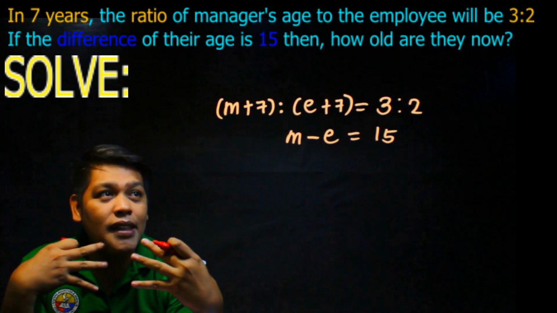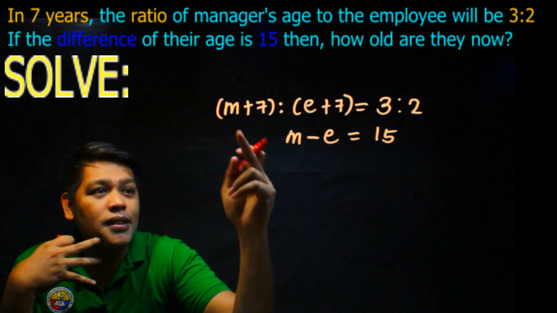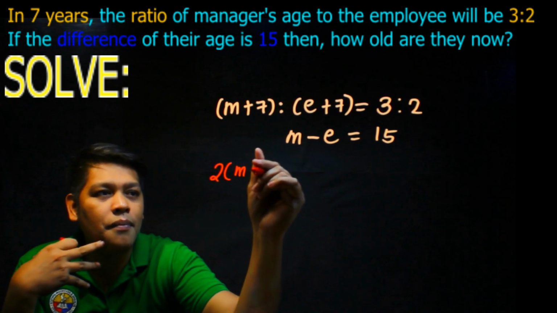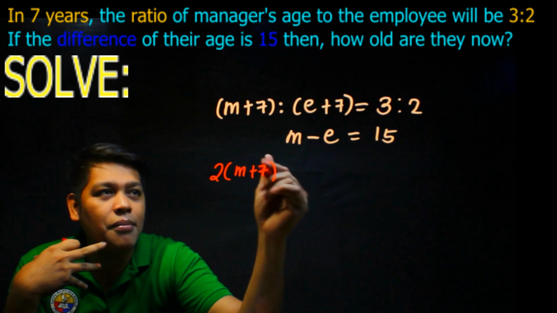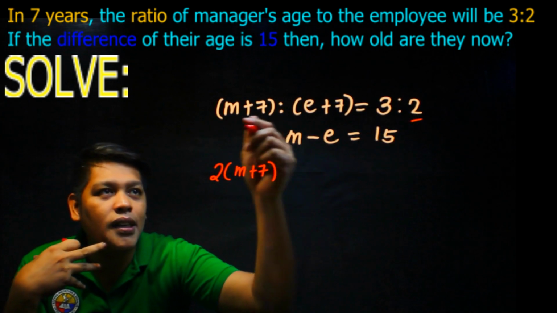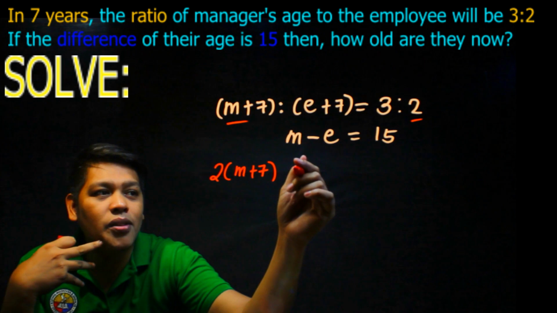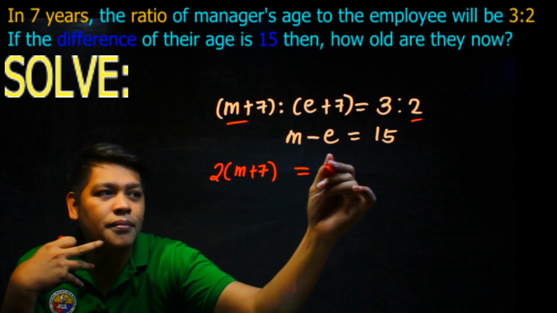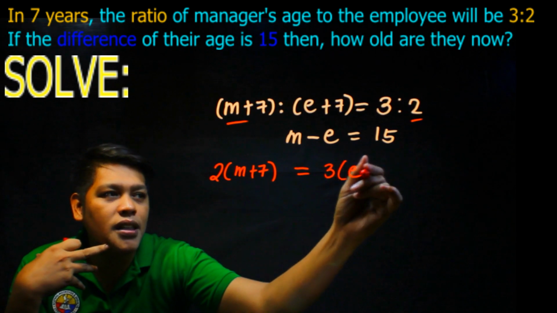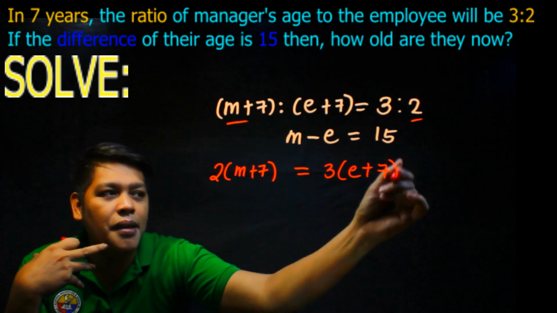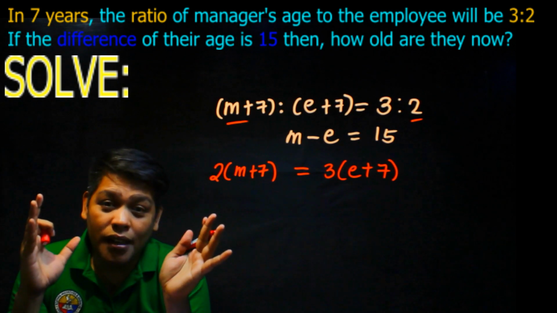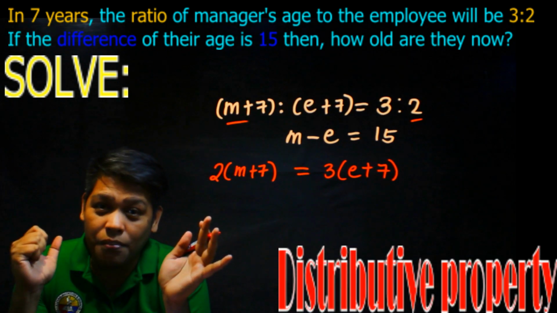The extremes are 2 times M plus 7, equivalent to the product of the means, 3 and E plus 7. What we will do here is use the distributive property.